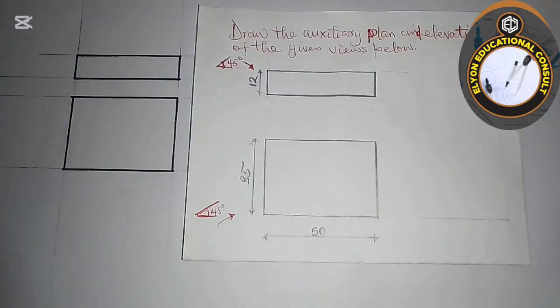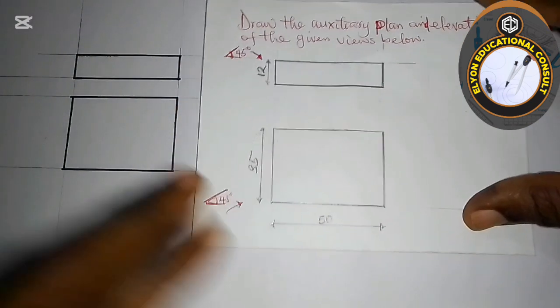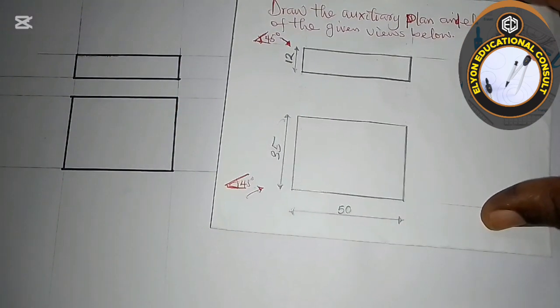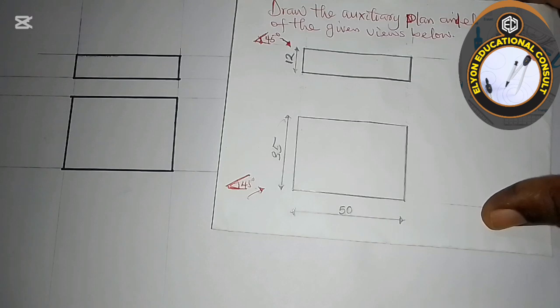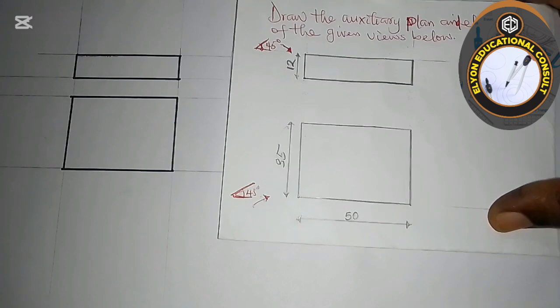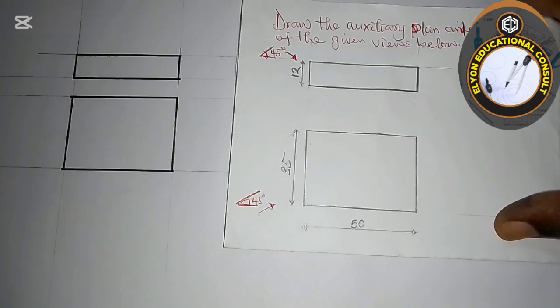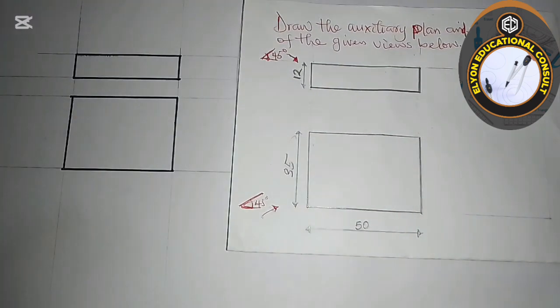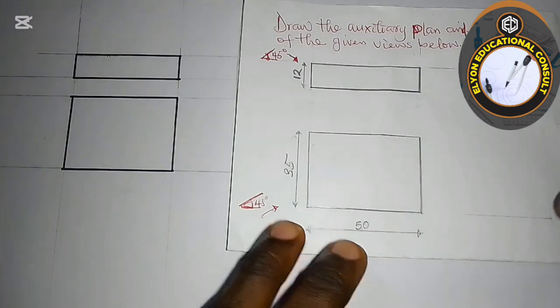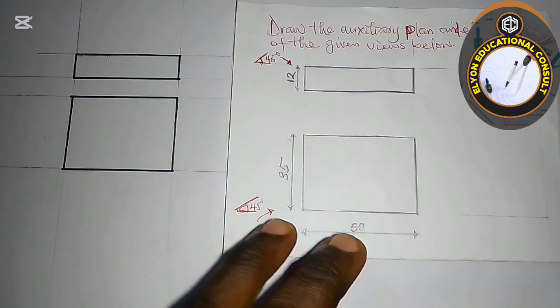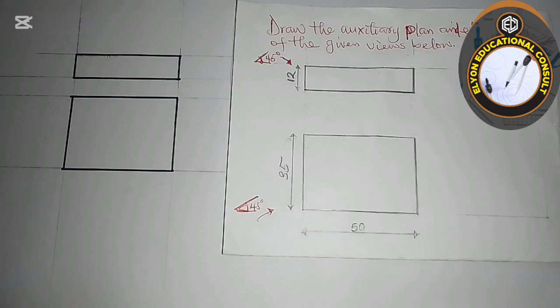In the previous video, if you have not seen that video, please take a look at it. That is the introduction to auxiliary drawing. Please take a look at it so that you have the understanding of auxiliary projection very well, because it is fundamental, it's very key. You have that background knowledge so that you'll be able to draw conveniently.